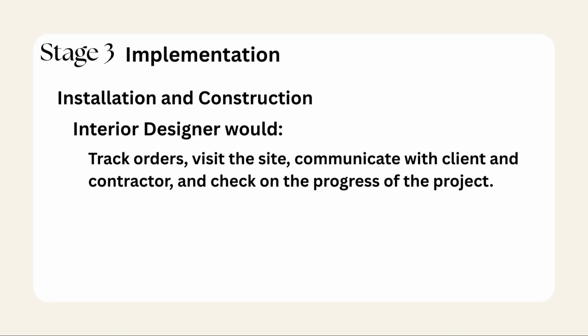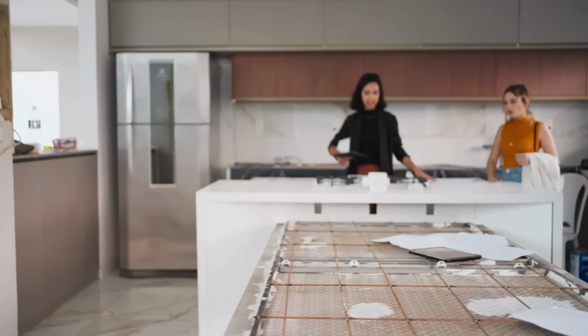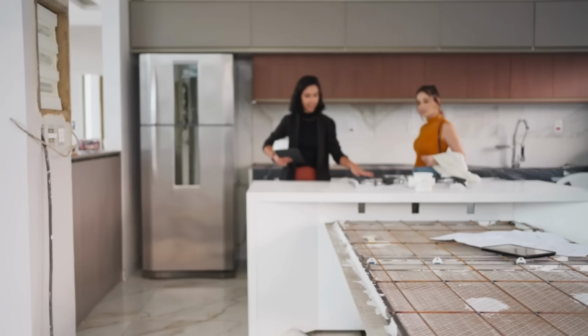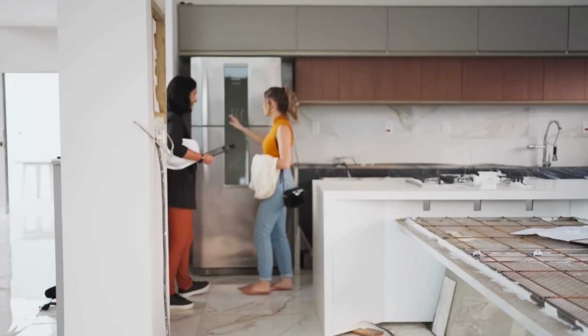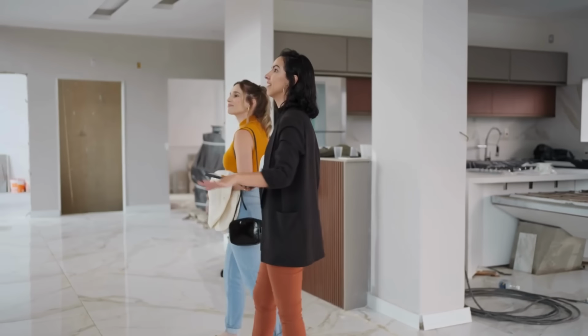And they're staying in communication with their client and the contractor just during all of these different installation phases of the project. And it's really just making sure that everything is following this design plan for this project. And if we need to address anything, that it's done at that time and changes can be made.